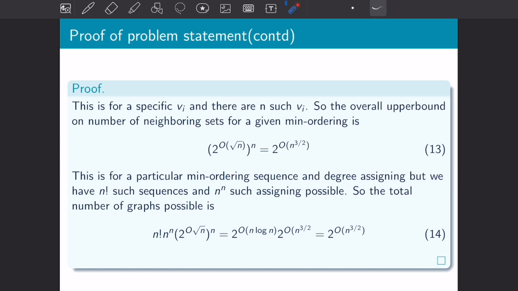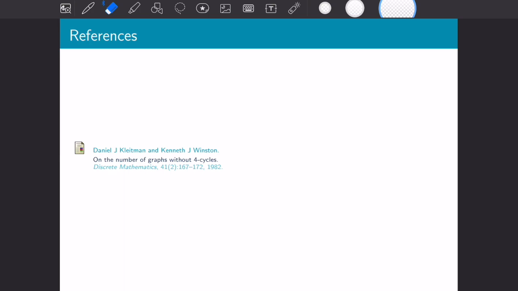So this will be 2 power n log n plus n power 3 by 2, and n log n is far lower than n power 3 by 2 as n goes close to infinity. So we can approximate this to 2 power order of n power 3 by 2. So that's all. Thank you.